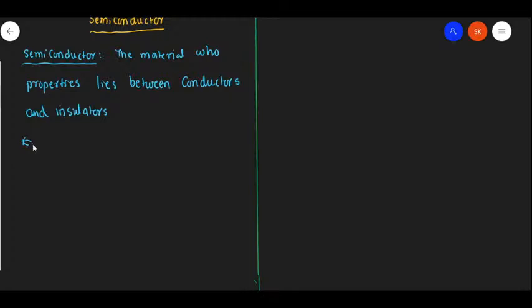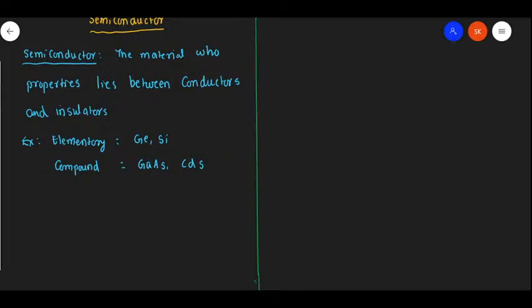Examples of elementary semiconductors are germanium and silicon. And if you take compound semiconductors, gallium arsenide is an example, and cadmium sulfide is an example. Okay, this is about semiconductors.